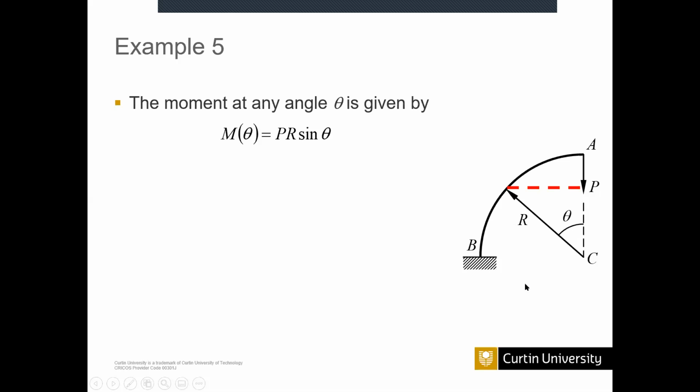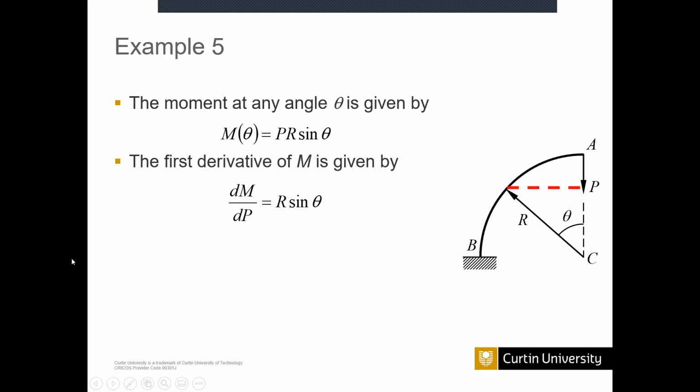So this is the bending moment. Earlier it was a function of the x distance; now it is a function of theta. The bending moment around this point is P times r sine theta.